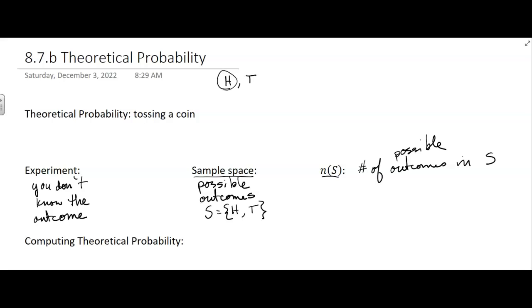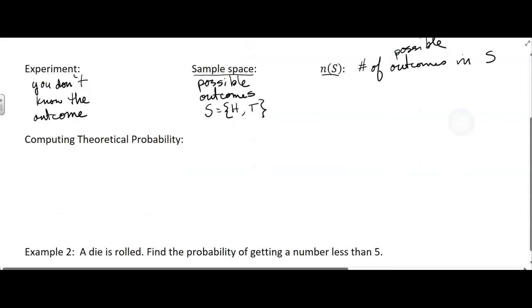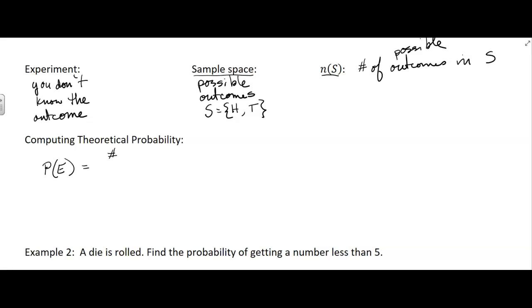That might be easier. If we want to compute the theoretical probability of an event, P of E, you're going to take the number of outcomes and divide that by the number of possible outcomes.